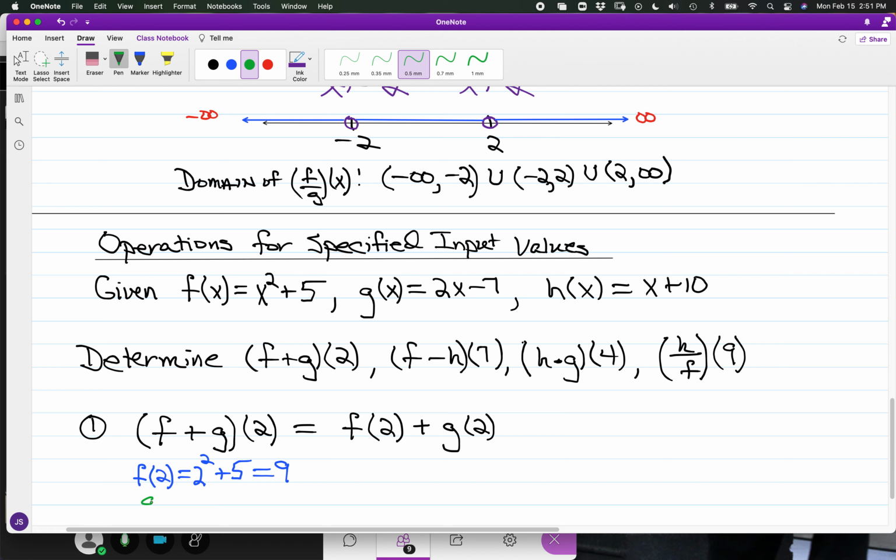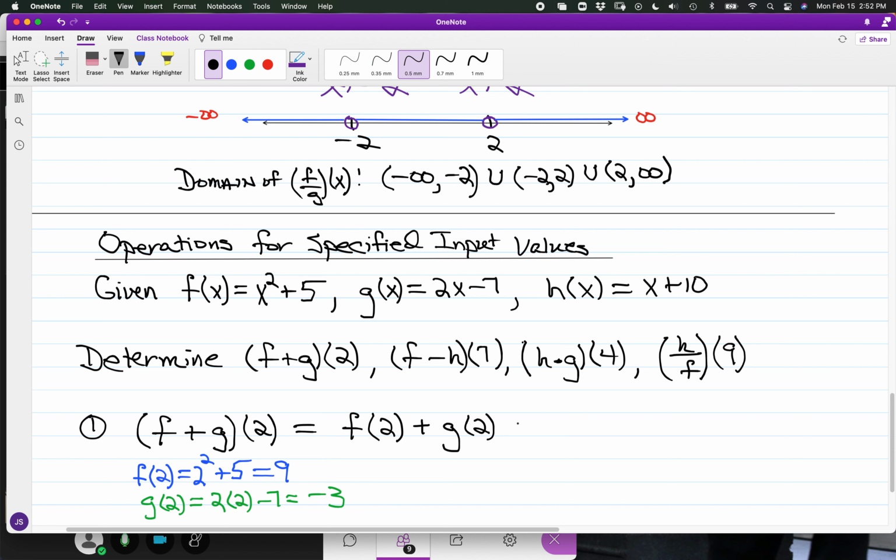And since we're working with g of 2, g of x is 2x minus 7. So for g of 2, we have 2 times 2 minus 7. 2 times 2 is 4. 4 minus 7 becomes negative 3.